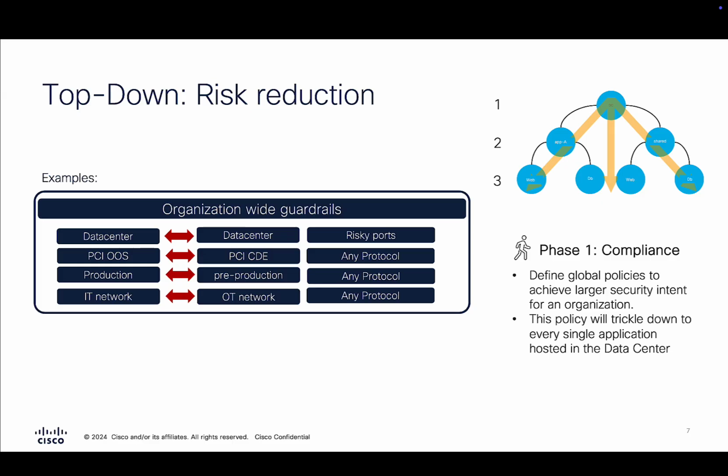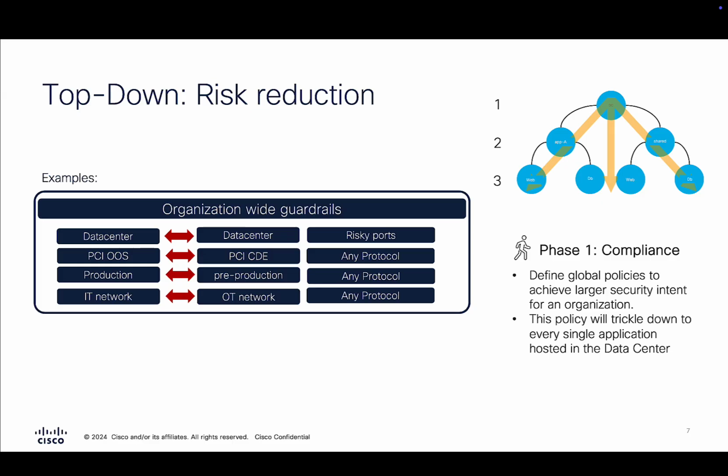Another example would be if you have financial applications, then PCI out-of-scope applications should not be talking to the PCI cardholder data environment. So that sort of guardrail can be defined right at the top. And another example is production environment should not be talking to any pre-production environment.